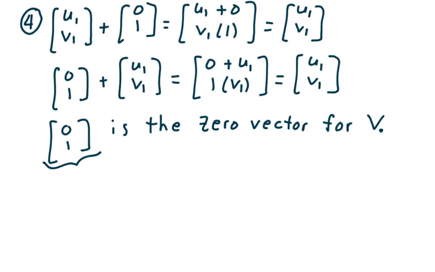And I want you to notice, if I take column vector u1, v1 and add it to the column vector 0, 1, we get column vector u1 plus 0, v1 times 1, which is equal to u1, v1, that column vector. And then if I take the column vector 0, 1 and add it to a vector in V, I get that same vector back. So it works the other way too. And so 0, 1 is that zero vector.